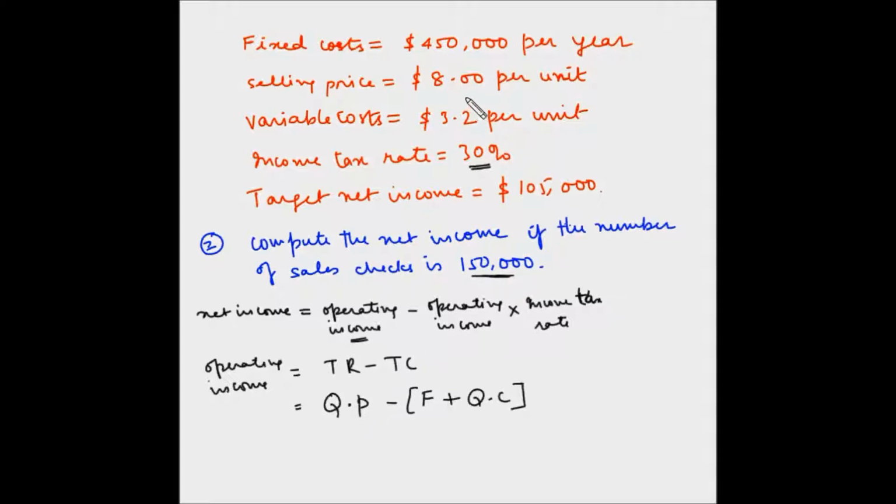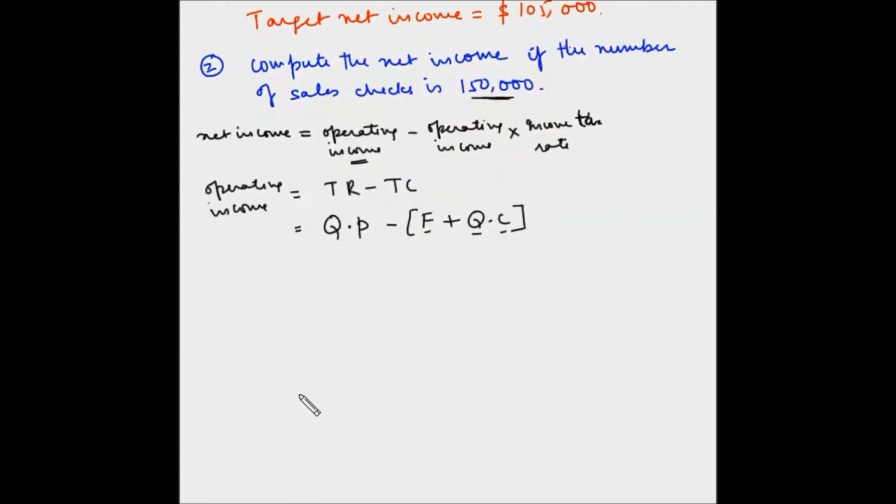We know the unit selling price, which is 8. We know the fixed cost, which is 450,000. We know the quantity sold, which is again 150,000. And we know the unit variable cost, which is $3.2. So let's find out the value of operating income, and then we can use that to find out the net income.